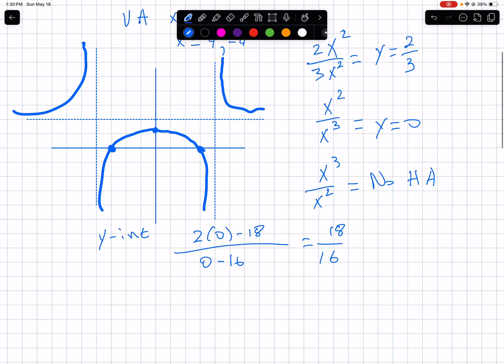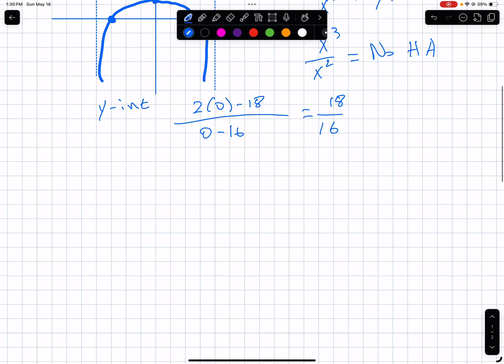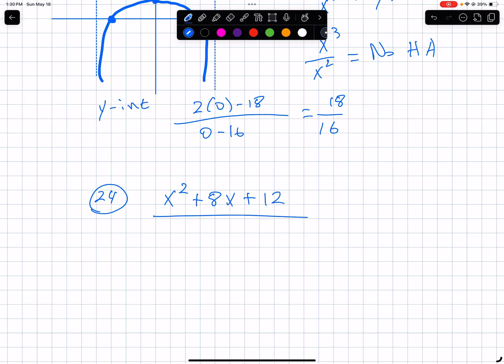All right, so this one, 24. We got x squared plus 8x plus 12. How is your factoring? It's getting better. Okay. So, like, I'm not going to go over that if you don't need me to go over that, right?